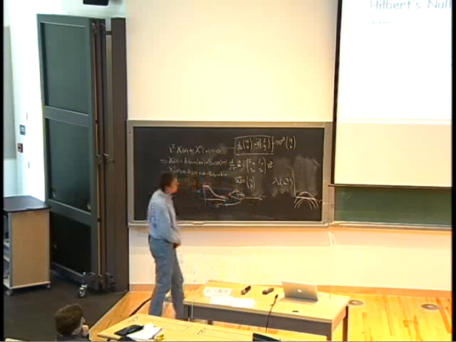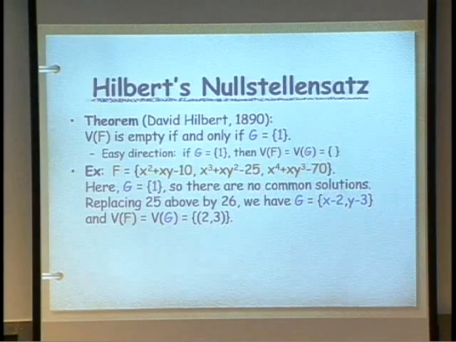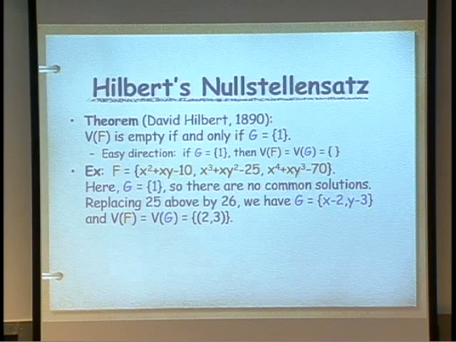Here's another theorem. This is the Nullstellensatz, sort of like Fahrvergnügen, those long German words. The Nullstellensatz, the theorem of the zeros, proved in 1890 in the same paper by the same guy, says the following.